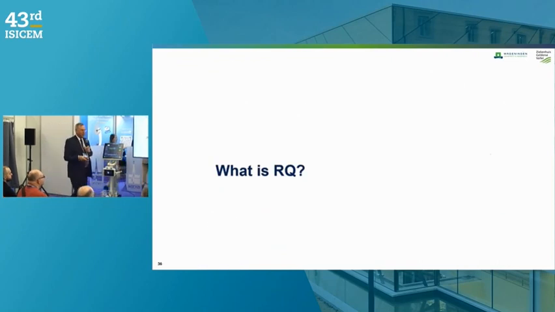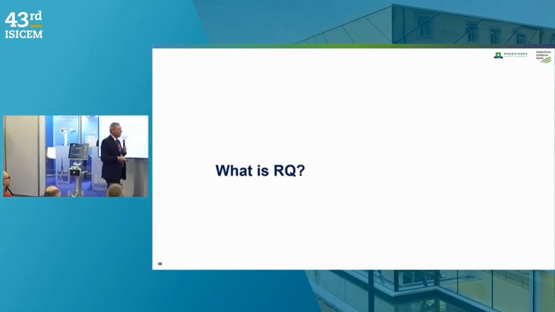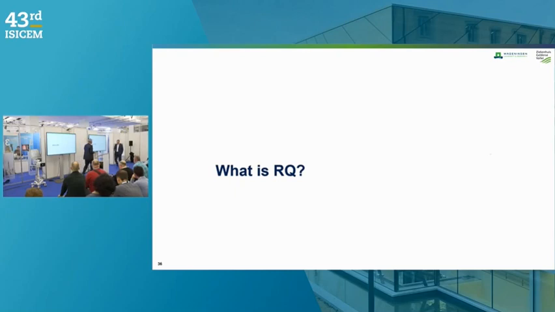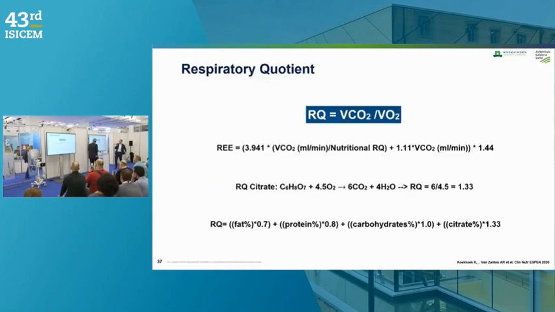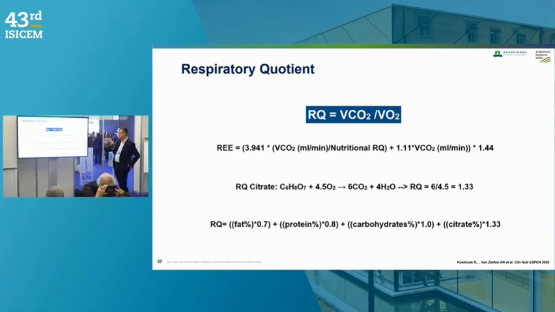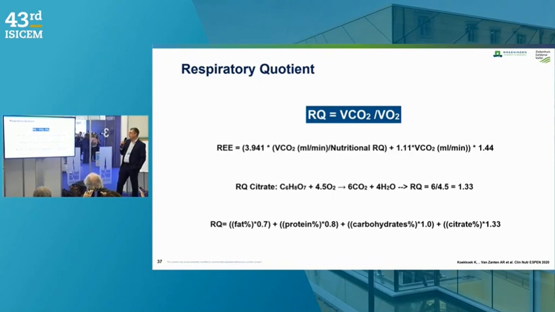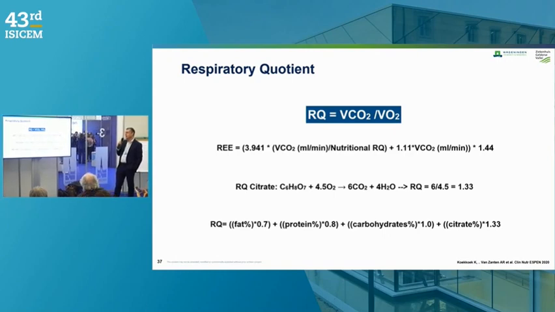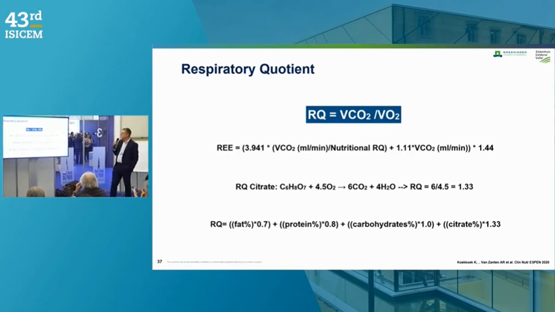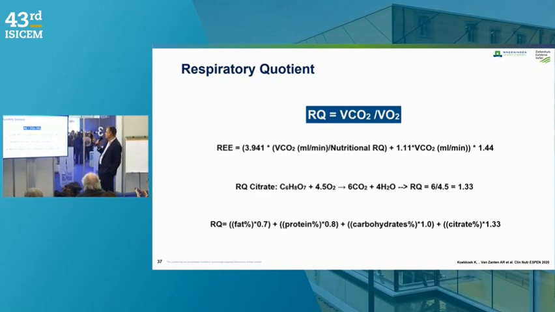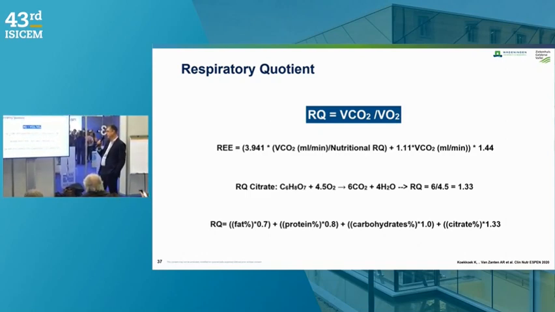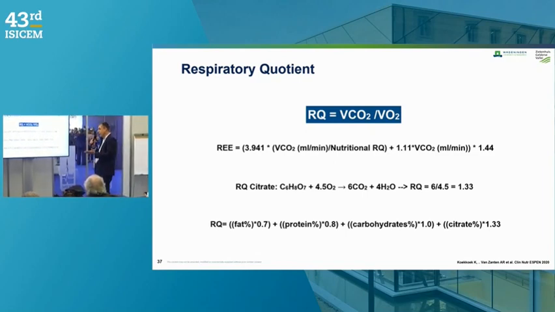Now, what is RQ? We discussed this. What is RQ, Horst? It's the division of CO2 production and oxygen consumption. And with the RQ, we can drive our patient to more activity in kind of weaning.